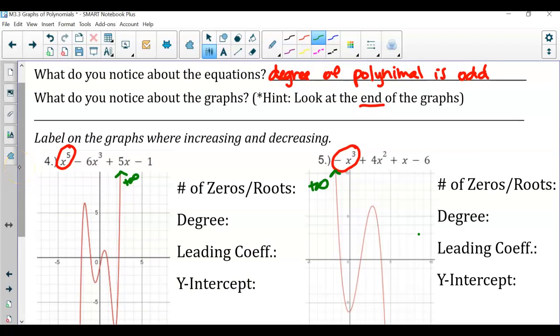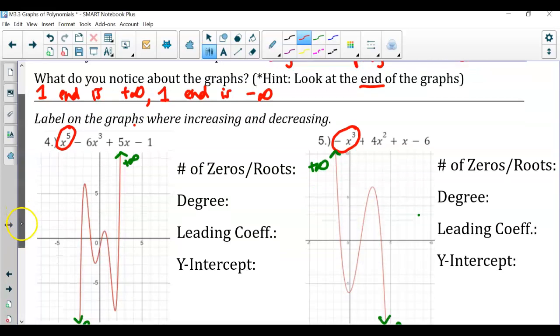So with the even, both were going in the same direction, but now in this case, one end is going towards positive infinity, and one end is now going towards negative infinity. So it's like a 1 and 1.